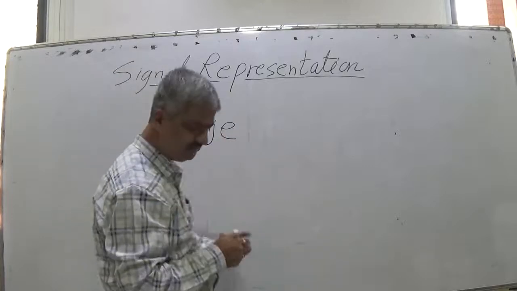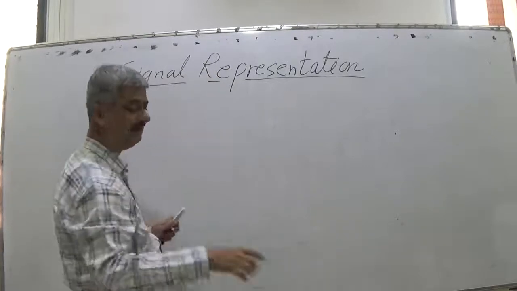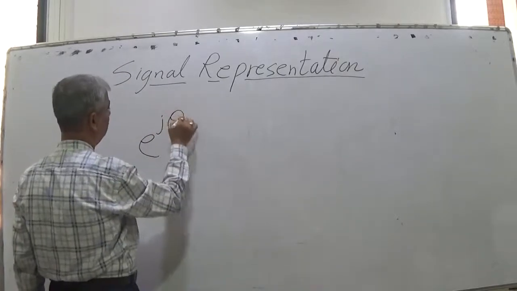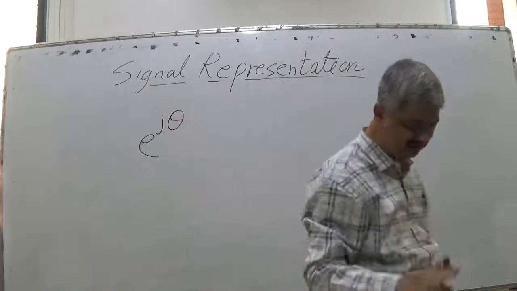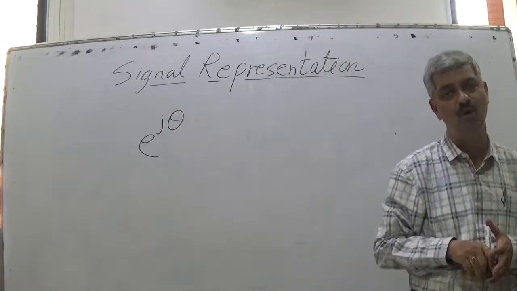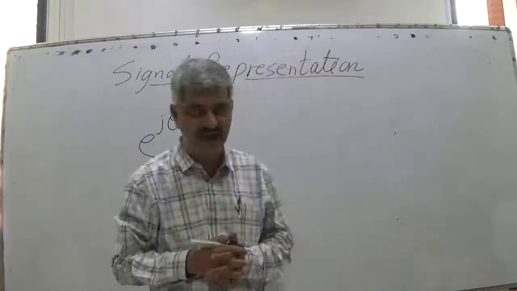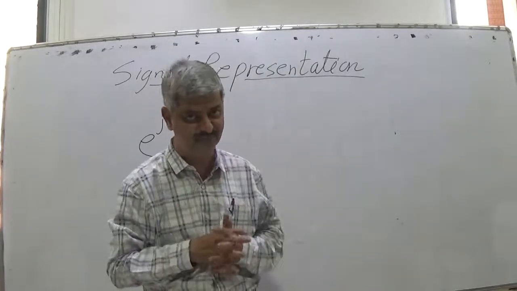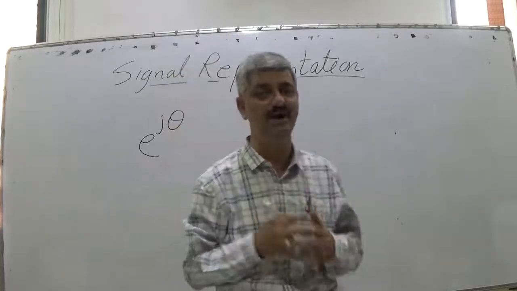So we had discussed what is e raised to j omega t or e raised to j theta for that matter. E raised to j theta we discussed in very much detail. That is a point on the unit circle at an angle theta from the horizontal axis, reference axis, or x axis it may be, or real axis, at a distance of 1, radius 1.